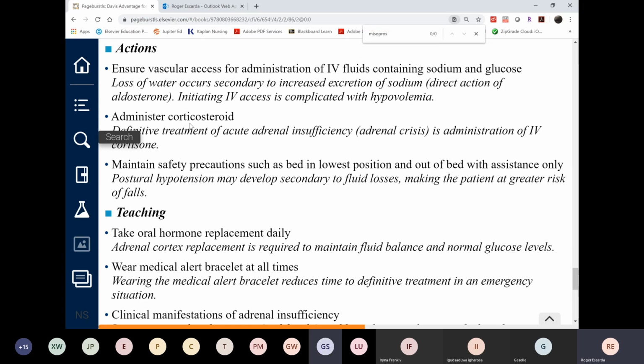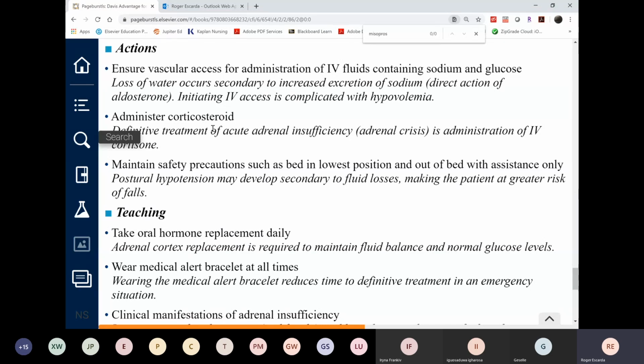And then we give corticosteroid, lots of it. So we can give bolus Solu-Cortef, and then we'll give them a continuous infusion of Solu-Cortef or dexamethasone, and then we'll also give them additional twice a day injections just to maintain blood pressure and sodium levels.